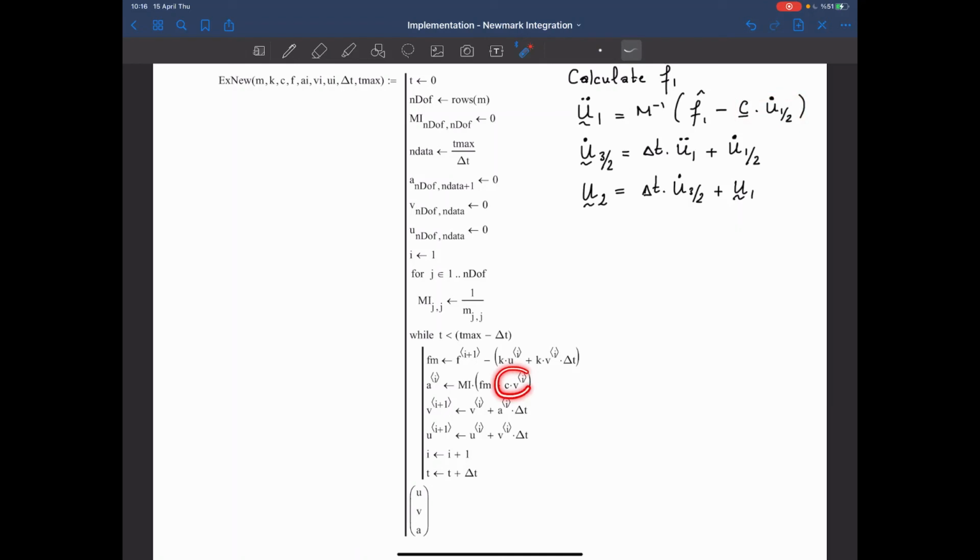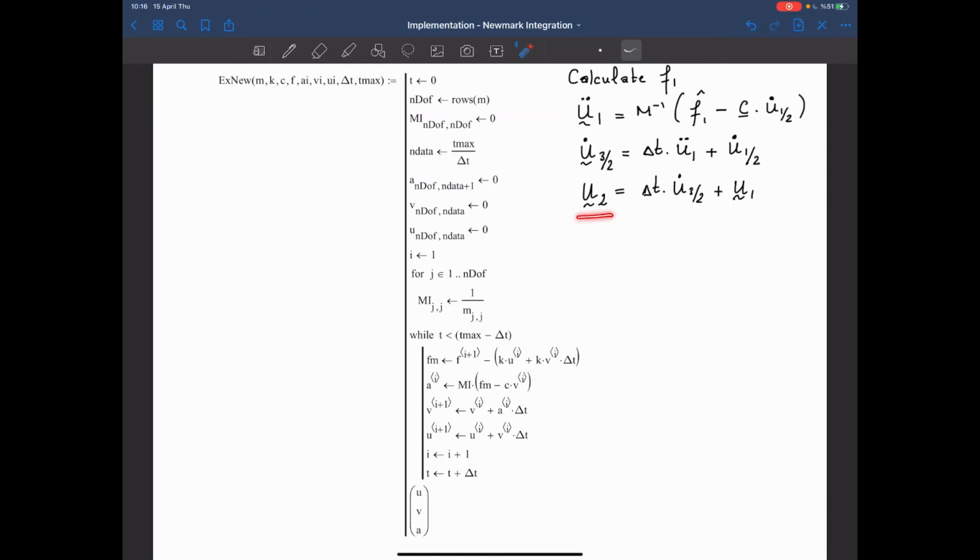Here this is the damping force, and then multiply with the M inverse, and you get the accelerations. Now in order to calculate the velocities for the next time step, this is the equation that I'm using. So it's right here.